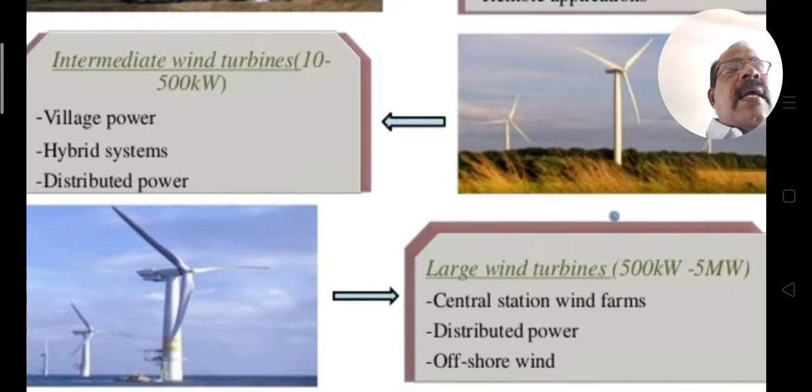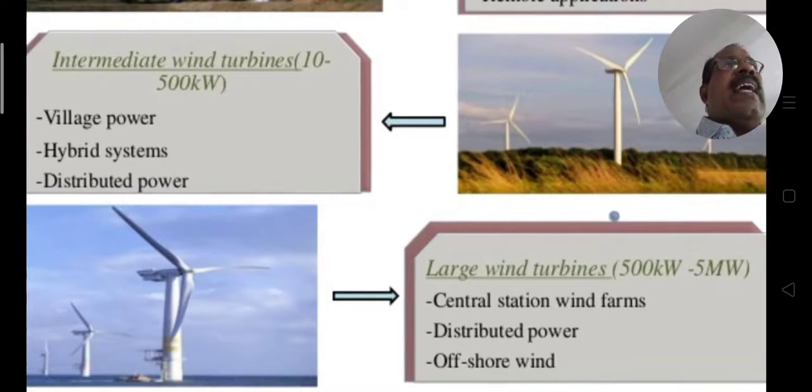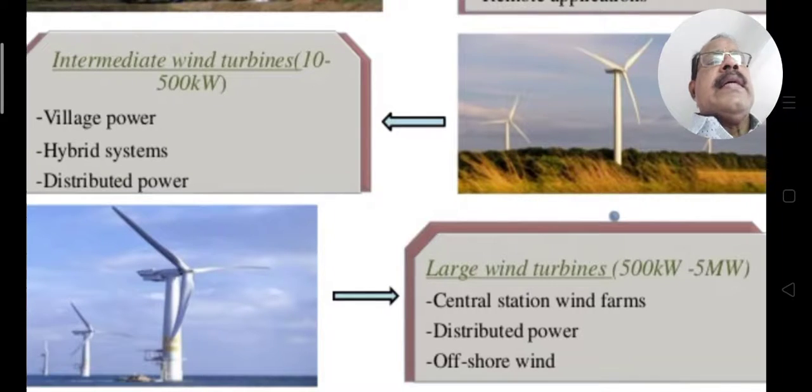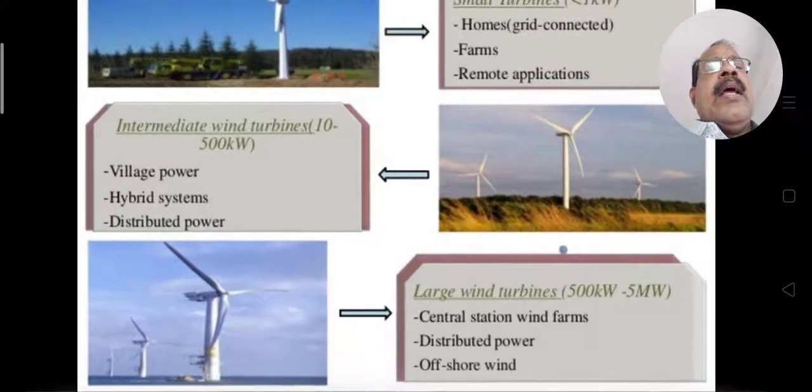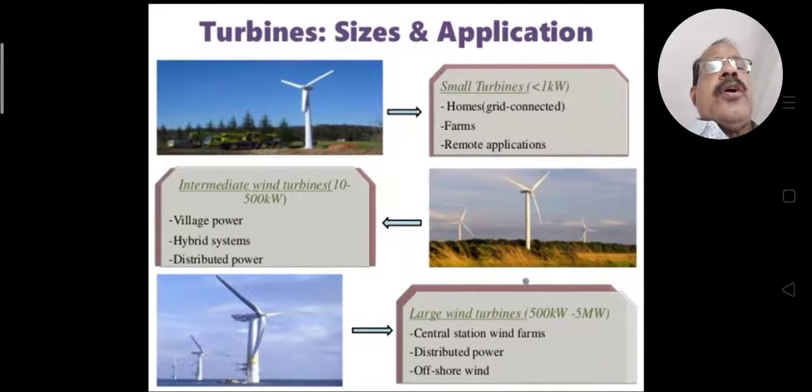In our country, wind energy is generated in the Tirumala Hills and on the west and east coast of Tamil Nadu. Here on the seashore there is so much wind.